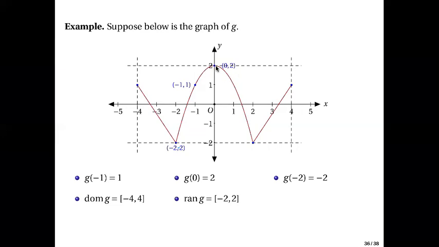And all the y's, since you don't see any hole here, all y's between negative 2 and positive 2 inclusive are in the range of g. You don't see any graph below negative 2 or above positive 2. So this is the only range of our function g.